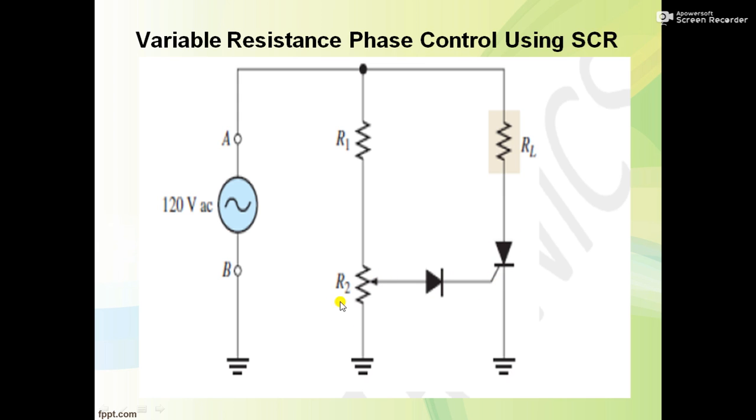If there is any variation in the resistor R2, there is a change in the gate current of the SCR, and this part of the circuit is called the triggering circuit. With the help of this triggering circuit, you can control the phase of the AC input signal.